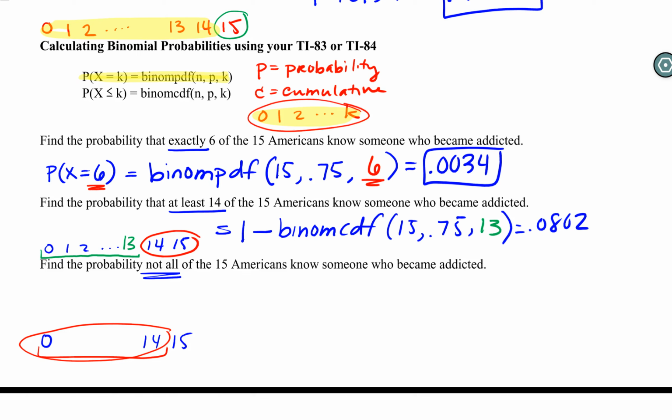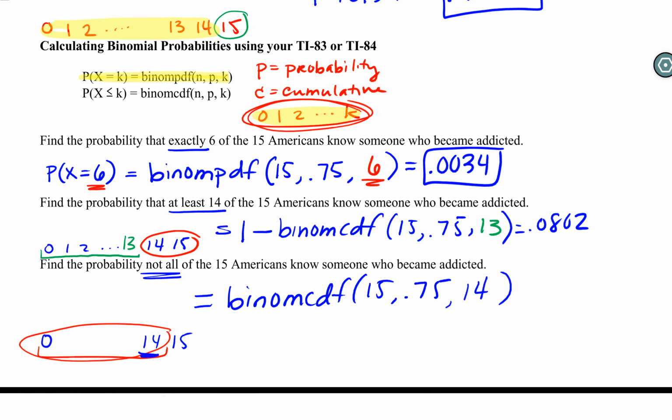That's exactly what CDF does, right? So we were able to just use Binomcdf, no weird 1 minus. It's set up perfectly for Binomcdf, 15, 0.75, and we ended at 14. So that will add up from 0 to 14, and while that's not efficient for me to do, the calculator's doing it, life is good.